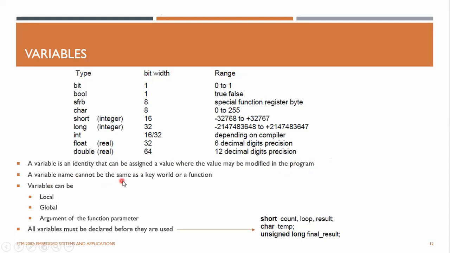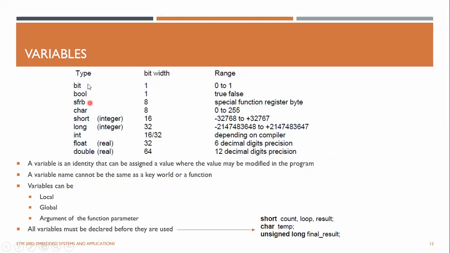A variable name cannot be the same as a keyword or a function name. You can't use those 28 keywords as variables, right?